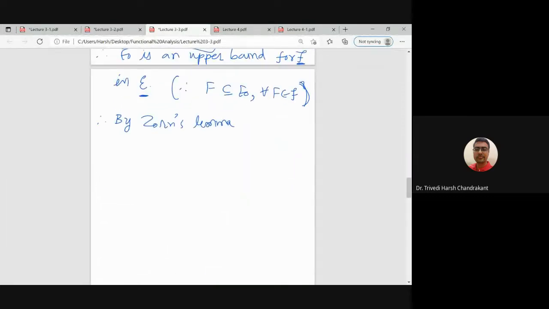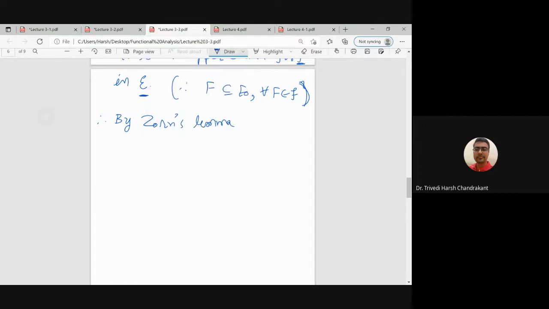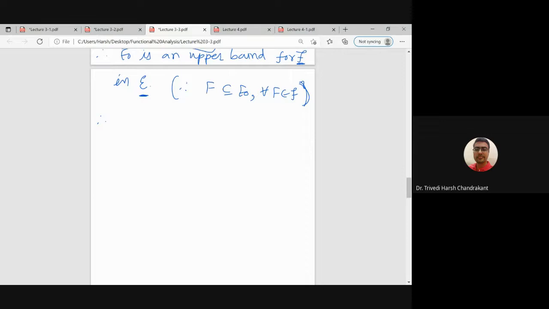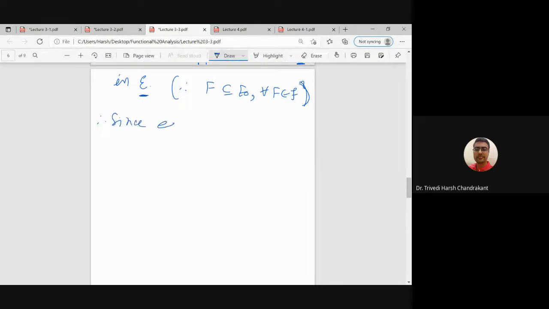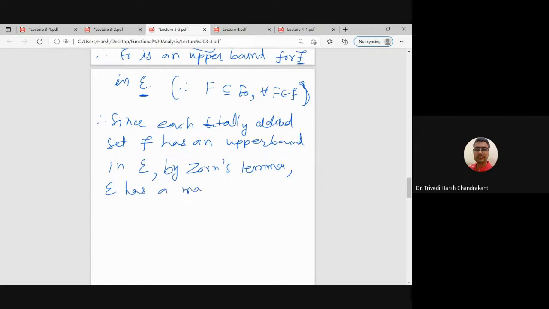By Zorn's lemma, since each totally ordered set F has an upper bound in E, E has a maximal element, right?